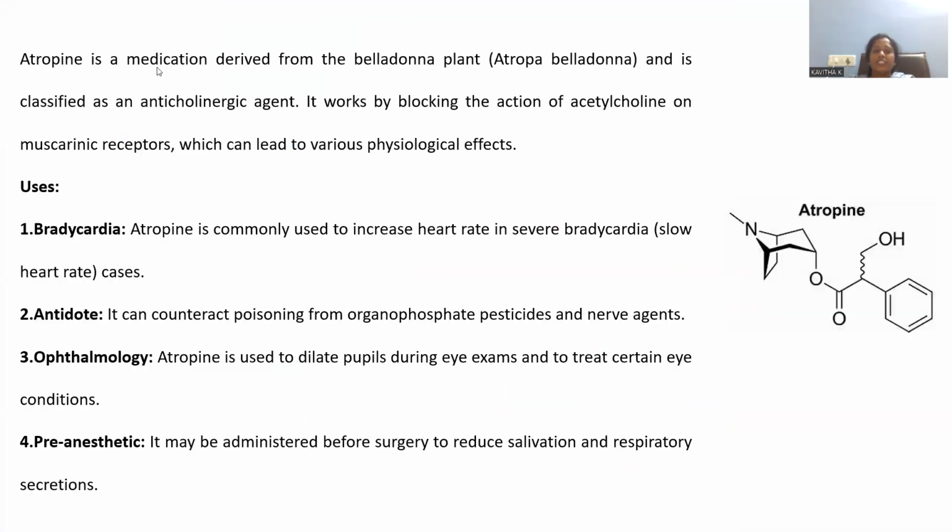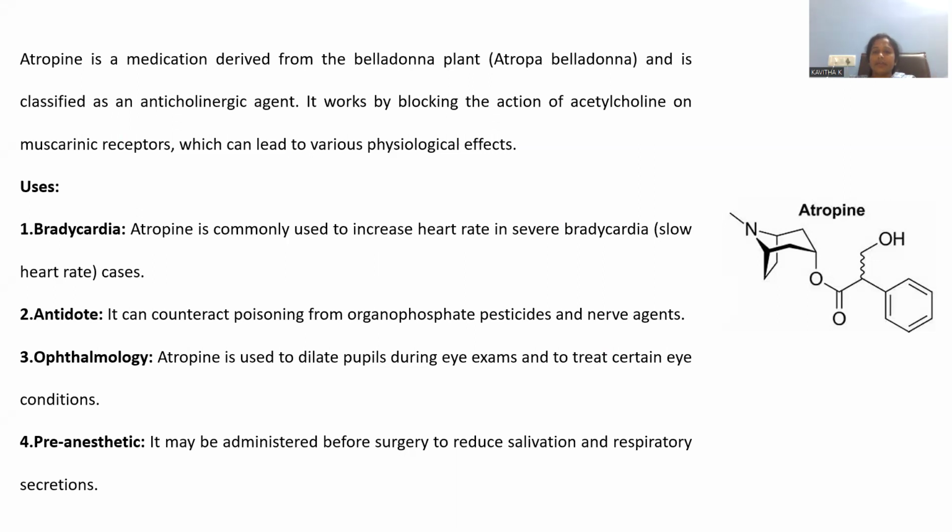Atropine is a medication derived from the belladonna plant. Its scientific name is Atropa belladonna, and it is classified as an anticholinergic agent. An anticholinergic agent is a drug acting upon the nervous system, and it works by blocking the action of acetylcholine.